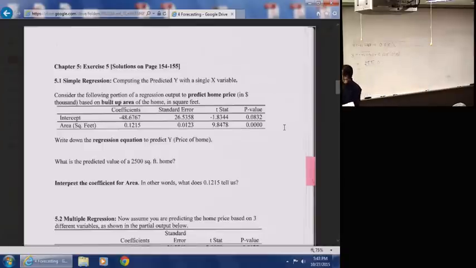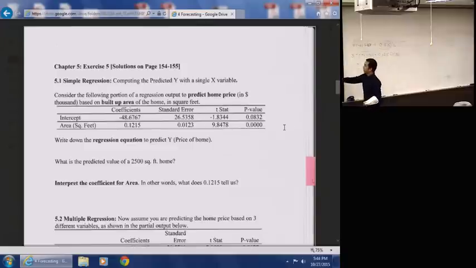The third question, interpret the coefficient for area. In other words, what does 0.1215 tell us? Everything staying constant, for every 0.1215 that your square feet increases, the price is going to increase. Almost there, but I like how you started.